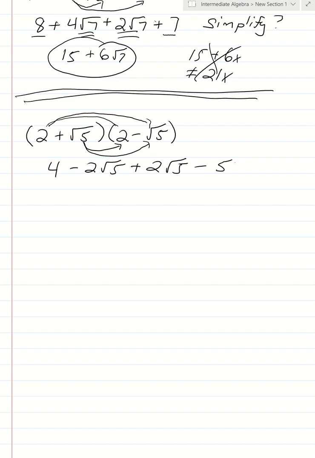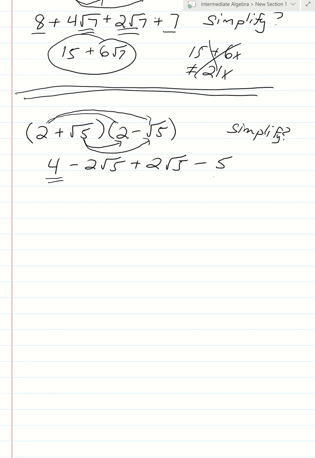But remember now, here comes the big question. Can we simplify this further? And of course we can. We want to combine the like terms. We have a positive 4 and we have a minus 5. Those are like terms, and 4 minus 5 is going to give you a negative 1.